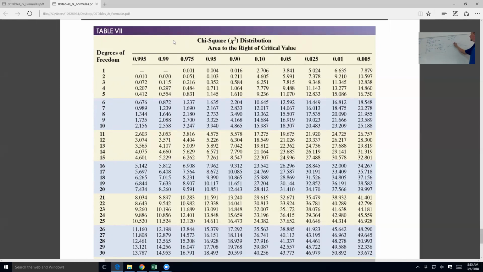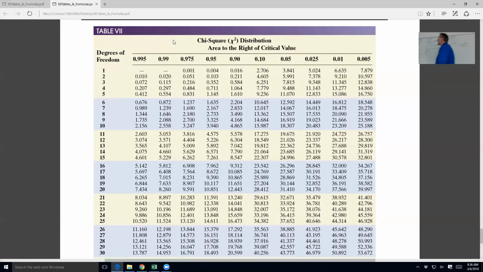Now, if I want a 95% confidence interval, how much do I want in each tail? I want 2.5% here, and I want 2.5% here. Now, let's talk about the 2.5% on the right.